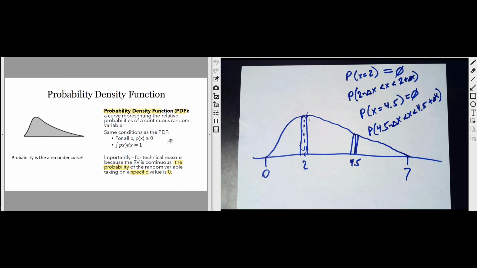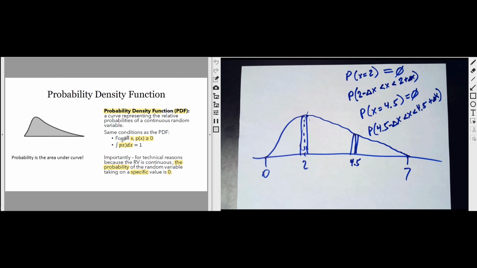Okay, so we had some rules for the discrete random variables, which was that for any given x, the probability of x had to be greater than or equal to 0, and that's going to be true here. In fact, the probability of any particular x is going to be exactly 0, and the probability of something happening is going to be the area under the curve, and that has to integrate to 1.